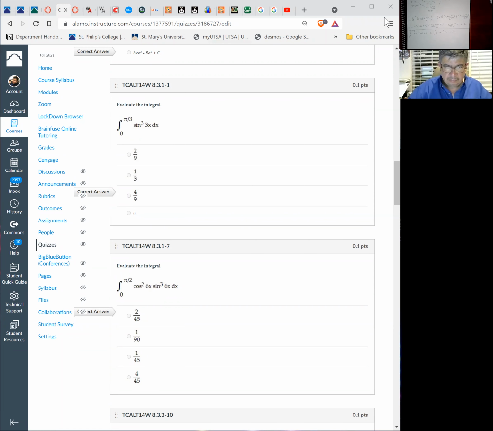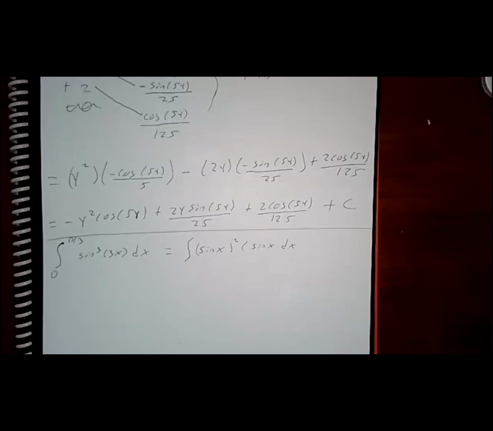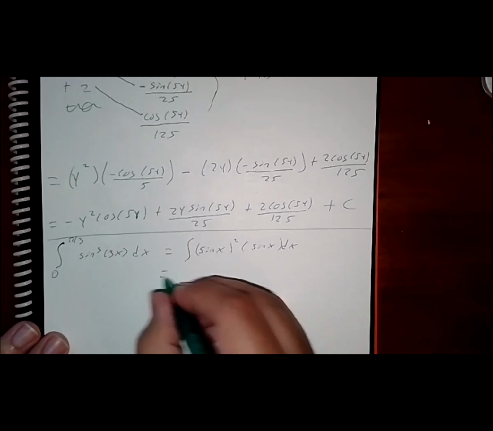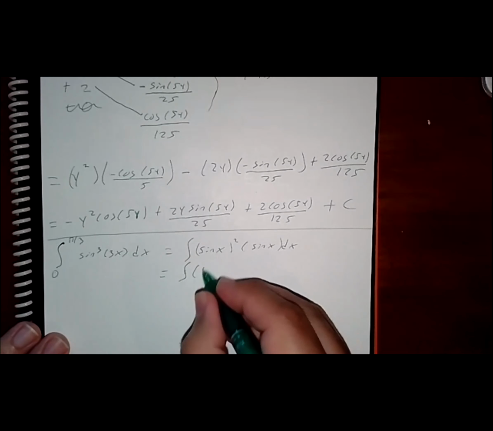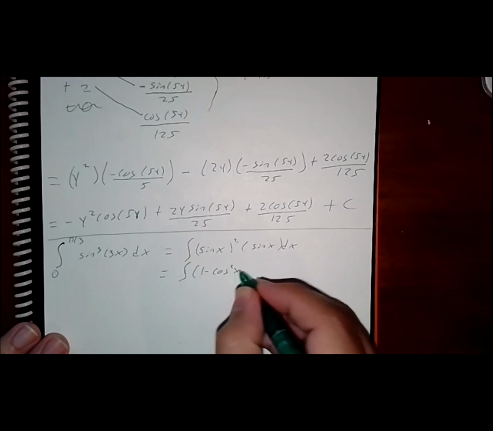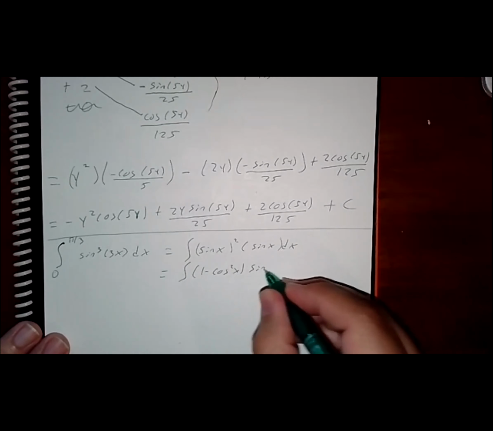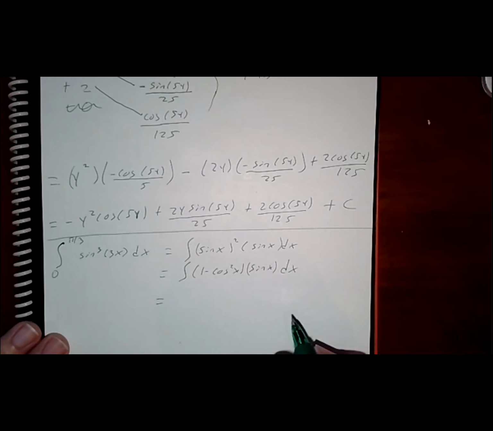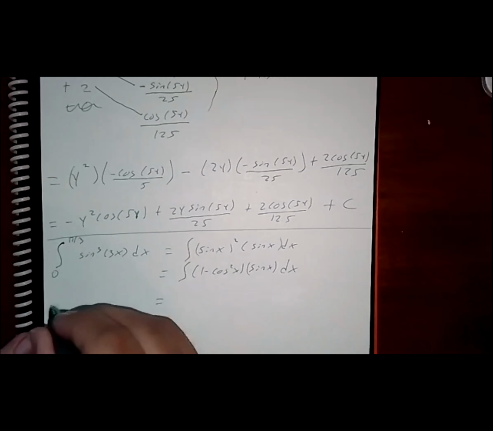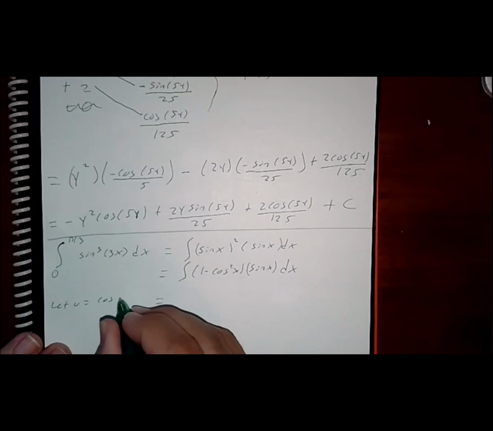Okay, let's do this guy. So this is an odd sine, so I'm thinking I should break a piece off here. Then do the trig identity here, which is going to be 1 minus cosine squared times sine x. So we let u equal cosine. du equals negative sine x dx, right?